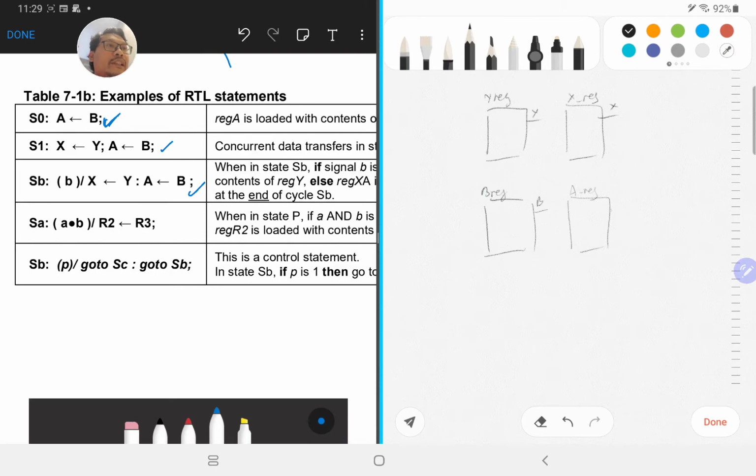The B register outputs B, the A register outputs A, each with a D and Q. Now we are going to look at B. Basically we're going to transfer, but then we also have the enable here. I'll put my enable down here.